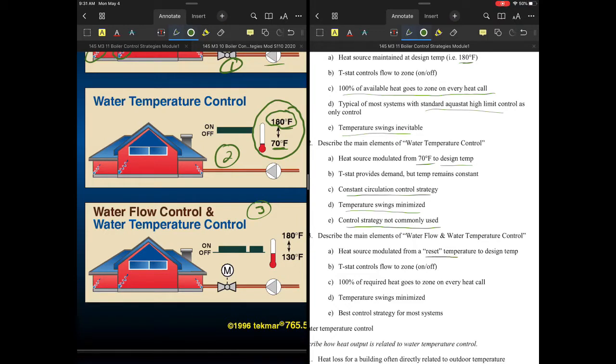This becomes really the more common strategy. Essentially, the way we're going to do this is manipulate the heat source water temp in the system via a process called reset, outdoor reset temp. And we're going to allow that to go from some bare minimum temp all the way up to a max temp.